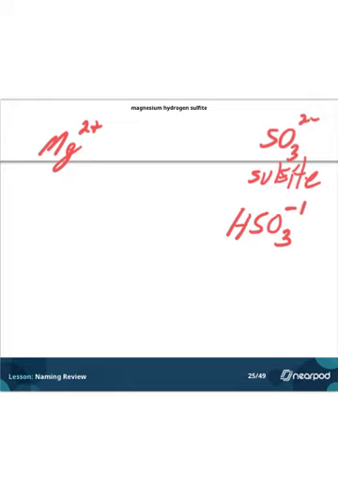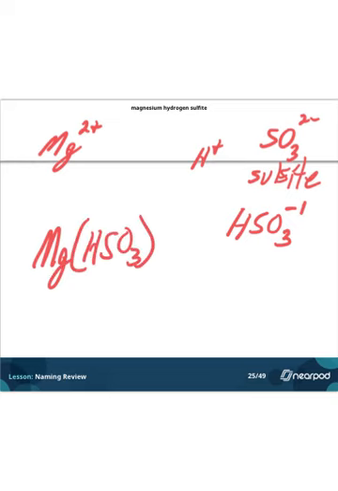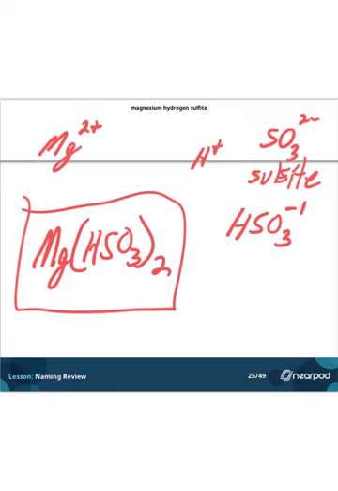So I'm adding H+ to it to get the hydrogen sulfite. So I'm going to need 2 hydrogen sulfites for every 1 magnesium. And I need to put that polyatomic ion in parentheses and have 2 of them. So this would be your formula for magnesium hydrogen sulfite.